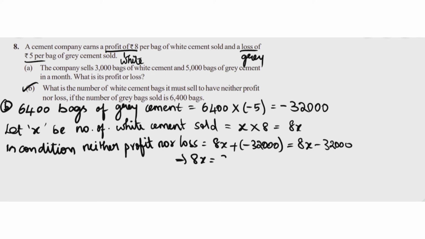If I take it to that side, I'll get plus, right? So plus 32,000. So x is nothing but 32,000, and 8 comes down as a divisor, right?